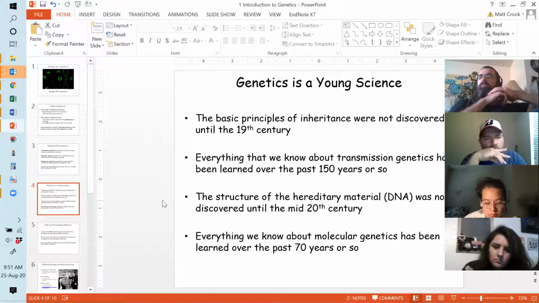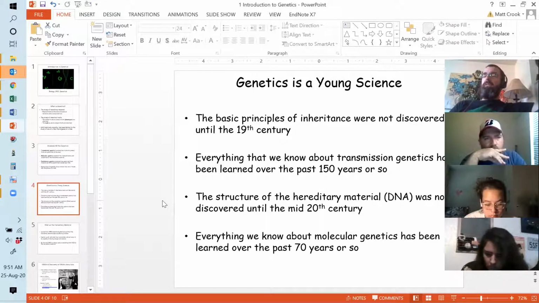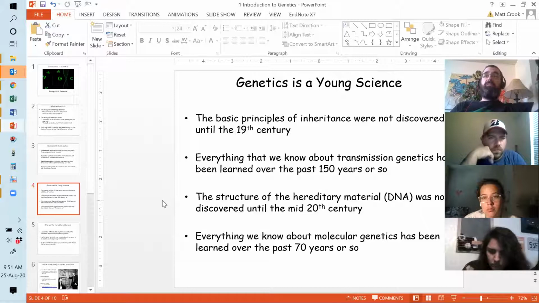But there were a lot of arguments around his time about how traits are inherited. A lot of people thought it was called blending, right? So essentially, if you had a tall parent and a short parent, then your children would be a mix of those two, which actually, in some senses, if you look at your own self, or if you have kids, your kids, if not, then your parents, you actually do see a little bit of that going on in some traits, right?